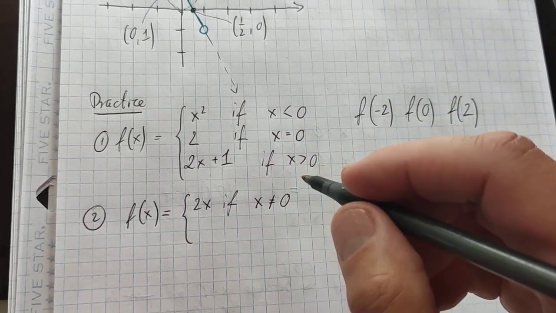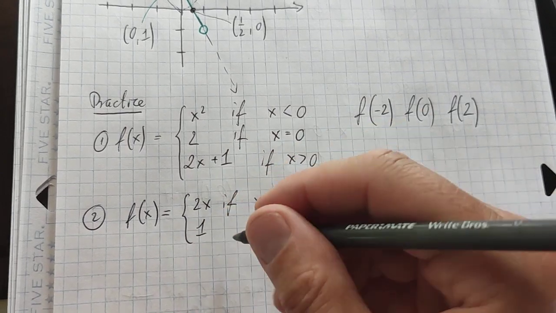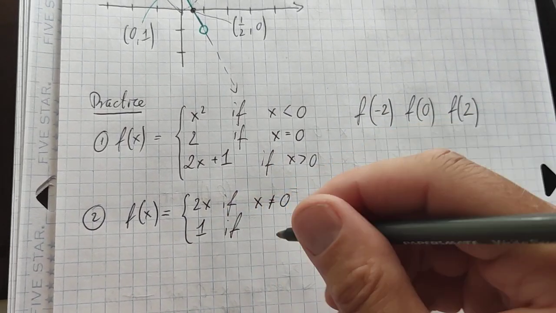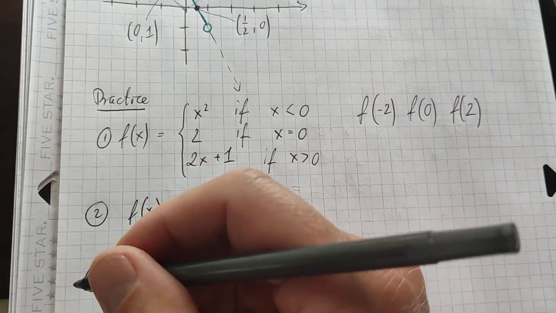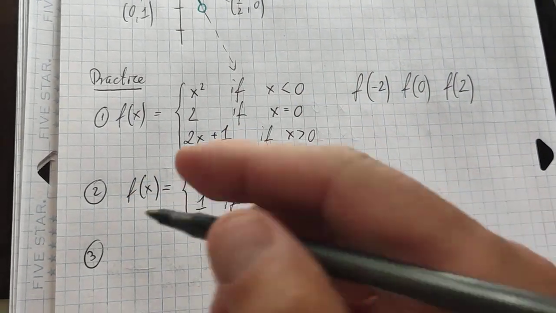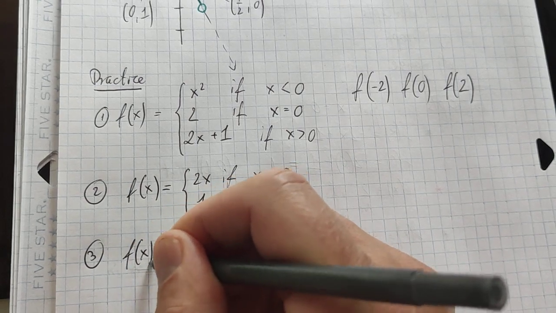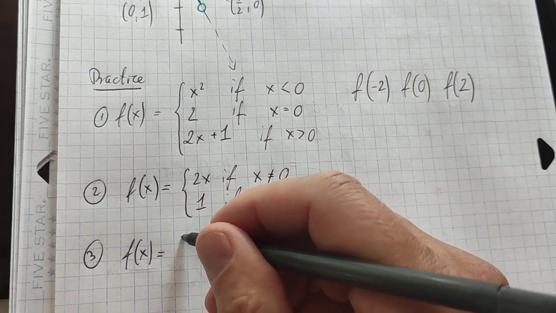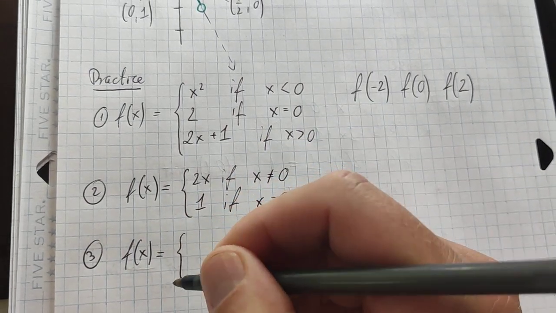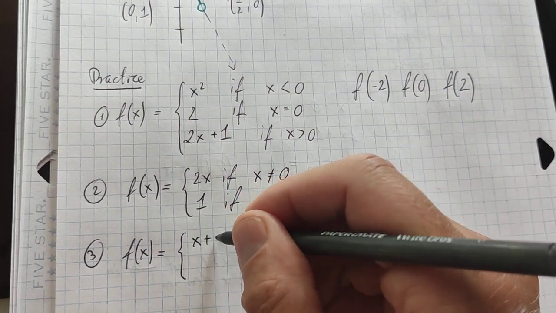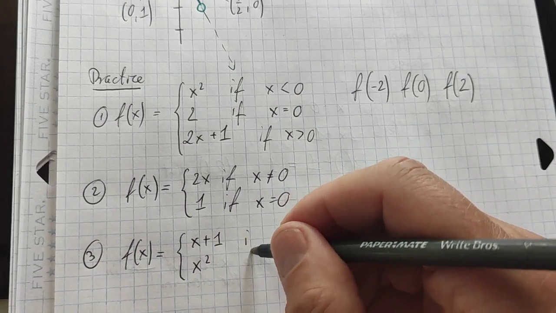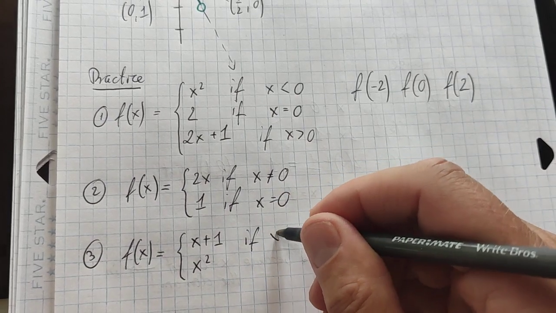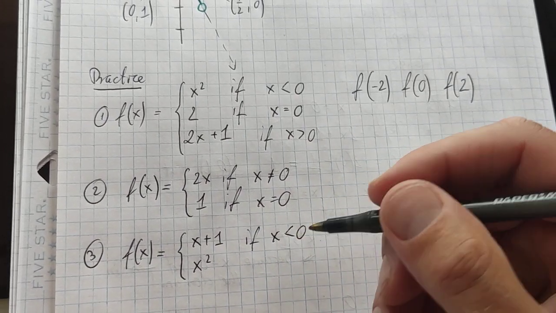Maybe I'll go over this one. This one is quite interesting, maybe. I don't know, maybe the first one. Or maybe the third one is the most interesting. So this one is x plus 1, x squared, and conditions are if x is less than 0.